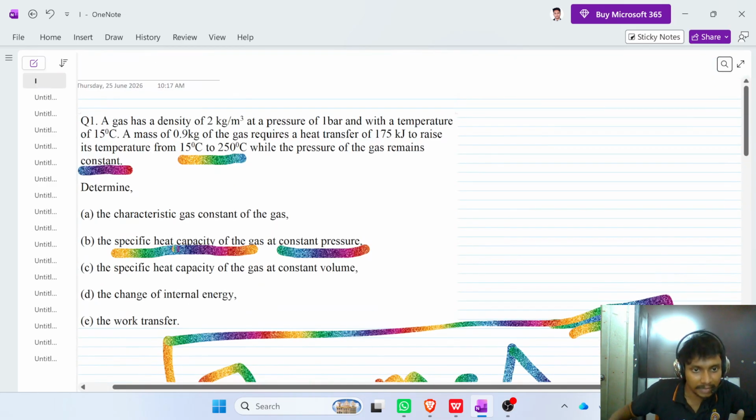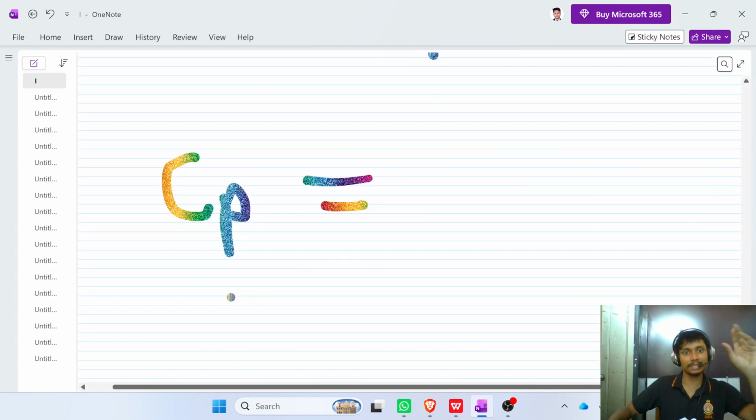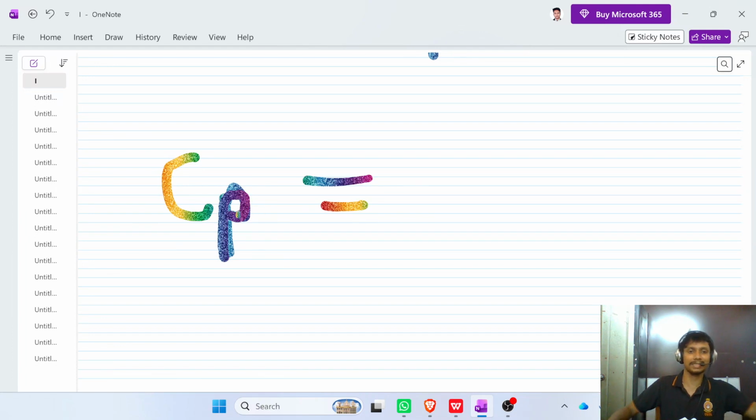We find the specific heat capacity of the gas at constant pressure. Therefore, I use small p, Cp, for constant pressure.